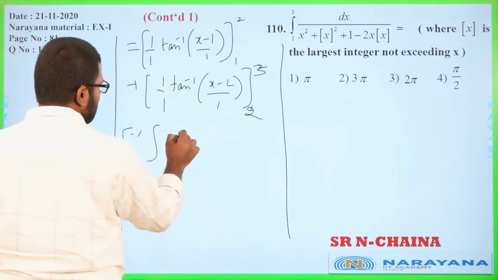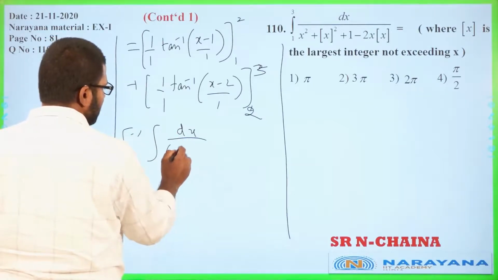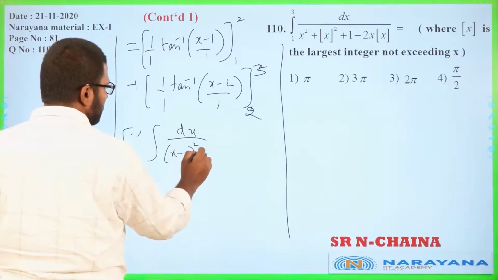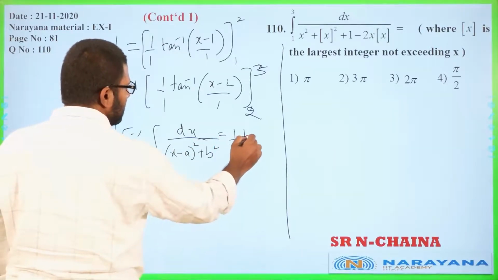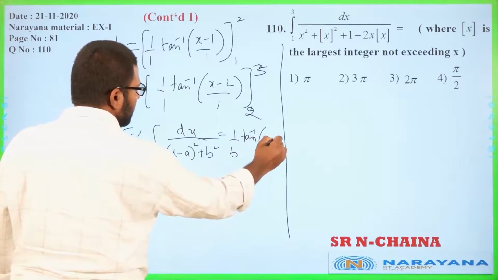Since integral dx by (x minus a) the whole square plus b square can be written as 1 by b tan inverse (x minus a) by b.